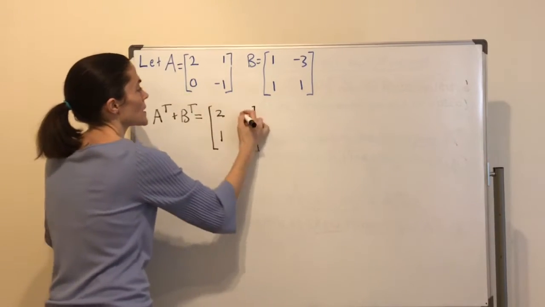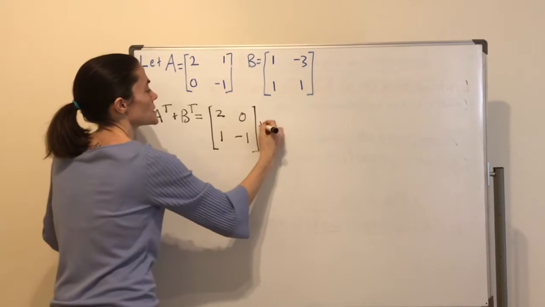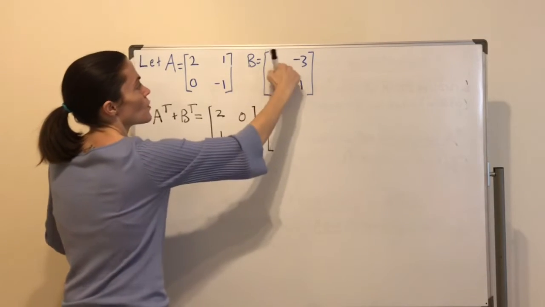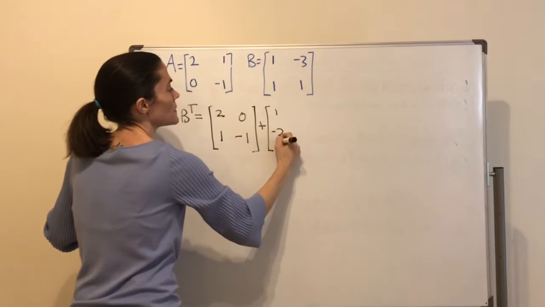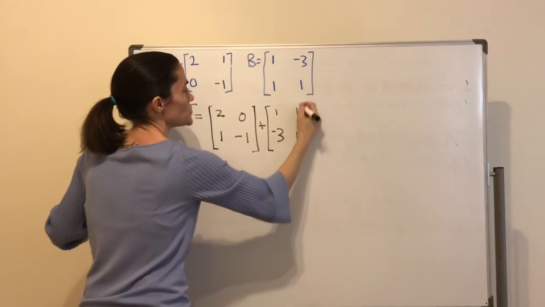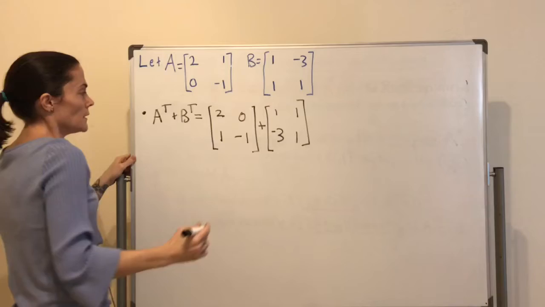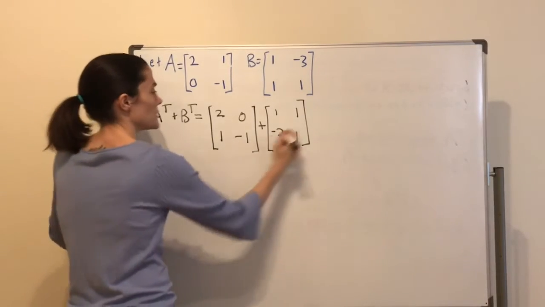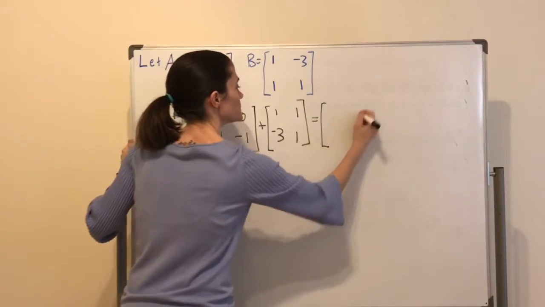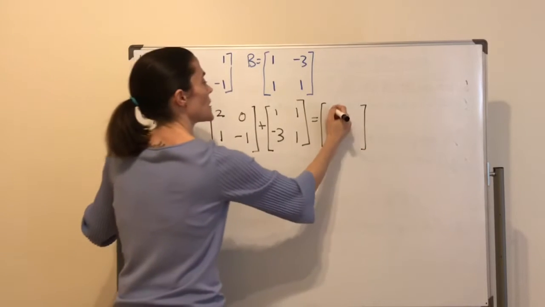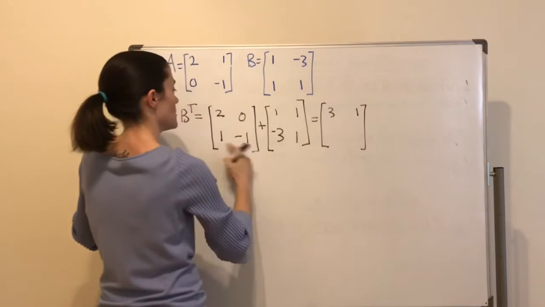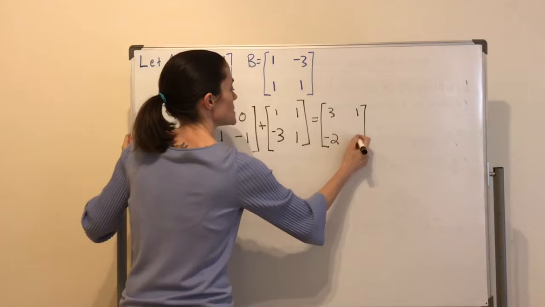Row 2 becomes column 2. This is A transpose. Now for B, row 1 becomes column 1. Row 2 becomes column 2. Now we add. This is 3, 1, minus 2, 0.